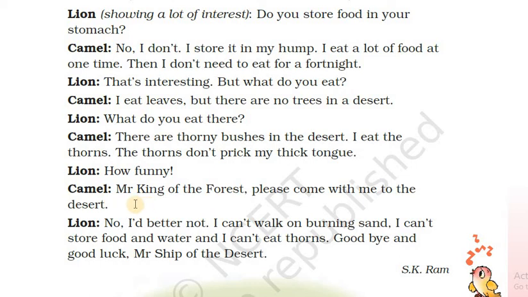Camel says, Mr. King of the forest, please come with me to the desert. Camel उसको invite करता है कि अब king of the desert, जंगल के राजा, आप मेरे साथ मेरे desert में चलो. Lion says, no, I would better not. I can't walk on burning sand.